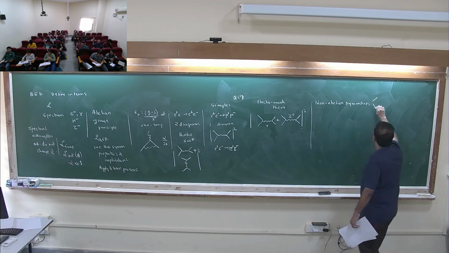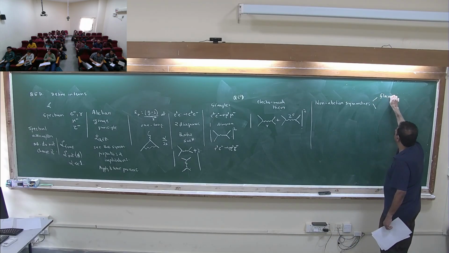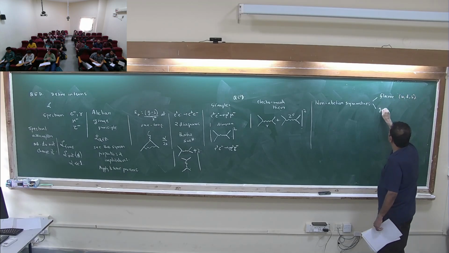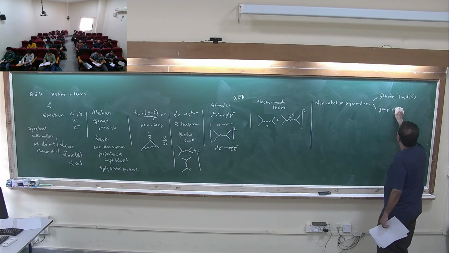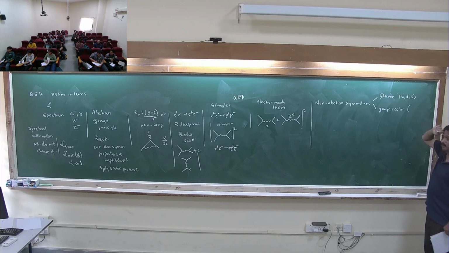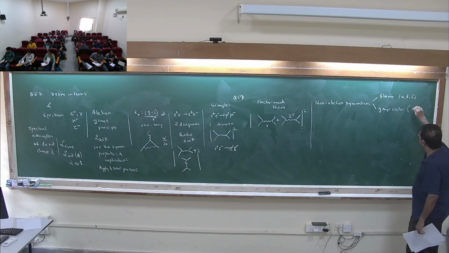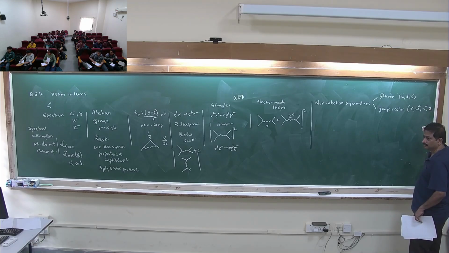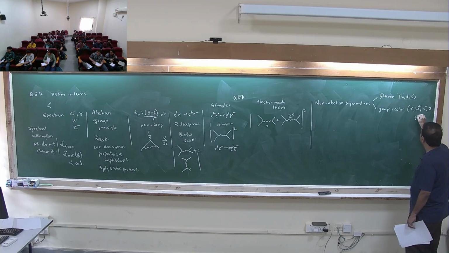One is for the flavor part, and another is for the gauge sector, which has to account for what is the gauge sector of the standard model? Photon, then what else? W plus, W minus, and gluons. How many of them? 8.